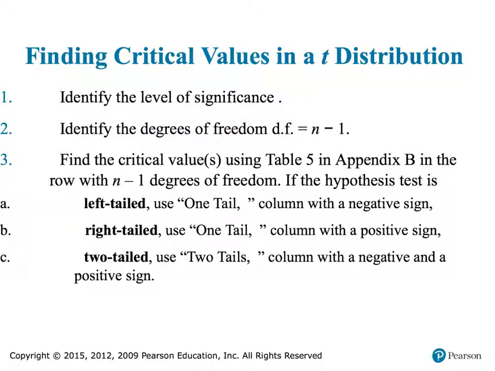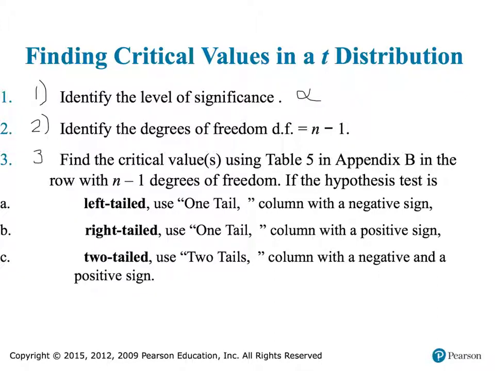So as always, there's a process that we're going to follow when we conduct one of these hypothesis tests. First, identify the level of significance, and we know that we use the symbol alpha for that, and it's typically given to us. Second, identify the degrees of freedom for that hypothesis test, which, like confidence intervals, is going to be the sample size n minus 1.